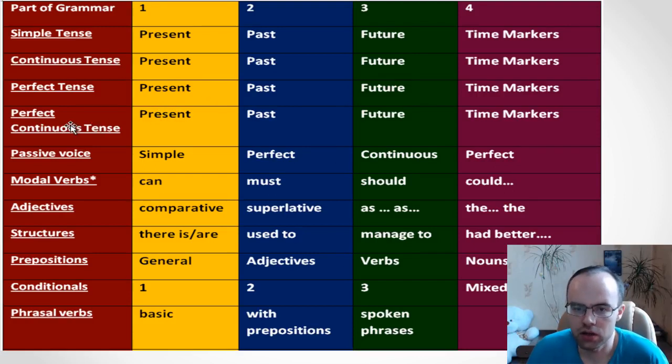And the last group of tenses is called perfect continuous tenses. Present perfect continuous, past perfect continuous, and future perfect continuous. And there are some time markers. It's usually about duration, a long action, so we often see it with for. For example, I've been learning English for 3 years and so on.